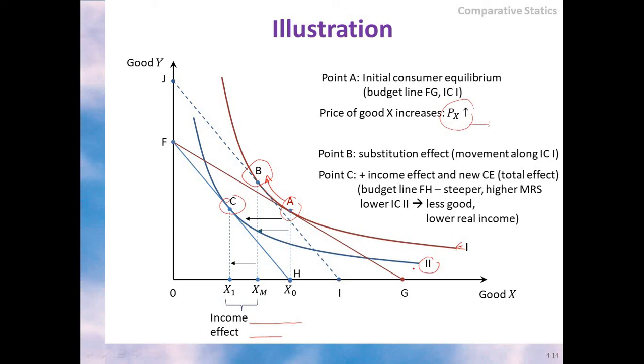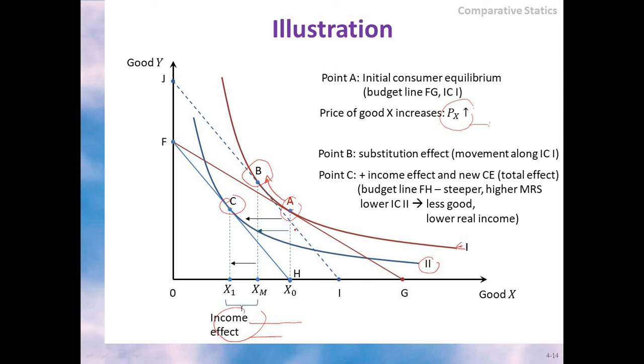When the indifference curve is lower, the satisfaction level is lower. So this is what we call the income effect. Income effect means the shift just now, the movement from one indifference curve to another.